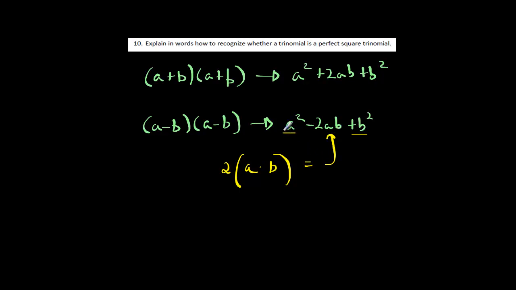So you could also describe it as, if the product of the square roots of the ends doubled equals the middle term, then it is a perfect square trinomial. And that's it.